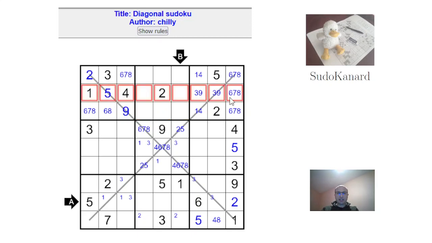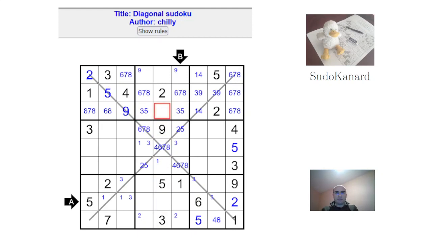Actually, on this row, 6, 7, 8 can only appear in those 3 cells. And the third 6, 7, or 8 in this box is somewhere here, along with the second 1 or 4 and digit 9. Digit 9 has to be either here or there. So we know here we need a 3 and a 5, then because of this they're not here.